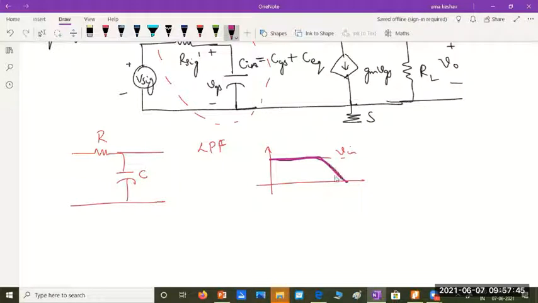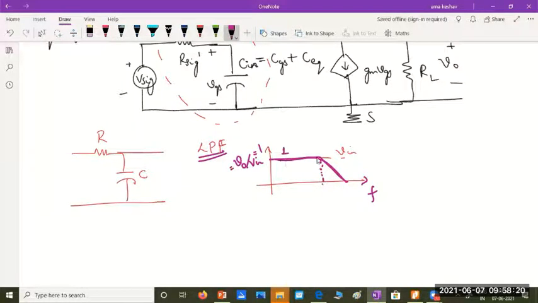This is the response, practical response of a low pass filter. Ideal response will be a straight line like this. Suddenly it should limit, but practically that won't happen. This is the response of a low pass filter. This can be V0 or V0 by Vi, and this is frequency. So what is a low pass filter? A low pass filter is a circuit which passes the input signal with gain as 1. So here V0 by Vin will be 1.